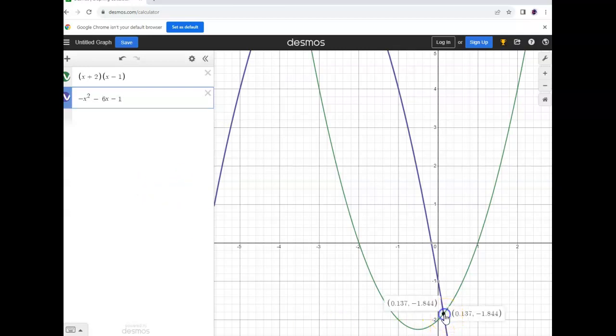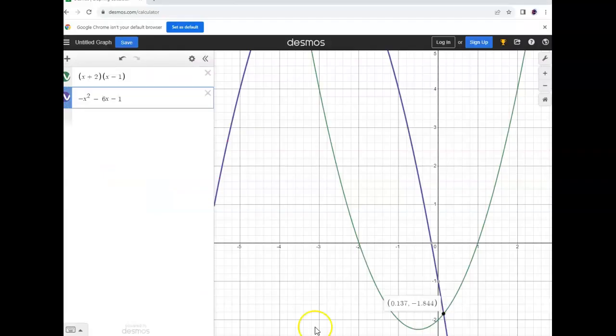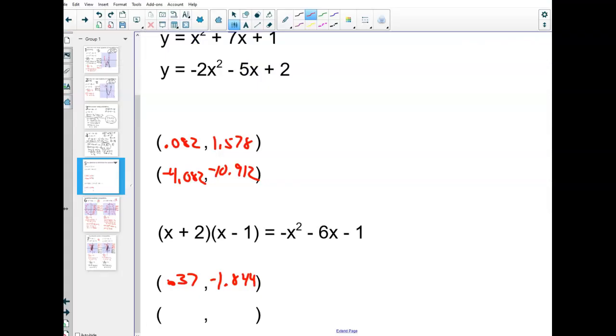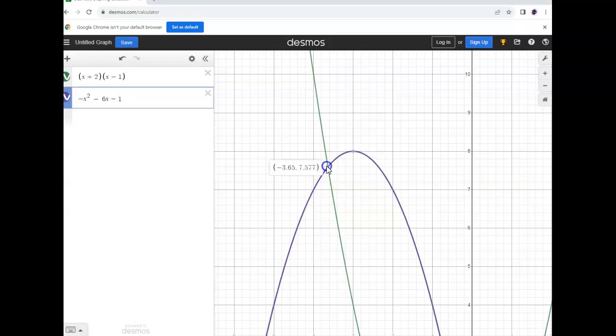Here's 1 point of intersection, 0.137, negative 1.844. And then the second point of intersection, we come up to here, click right on it, negative 3.637.